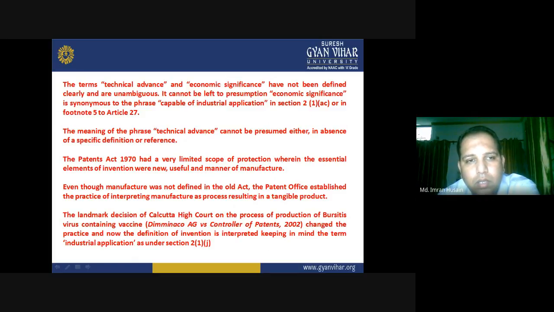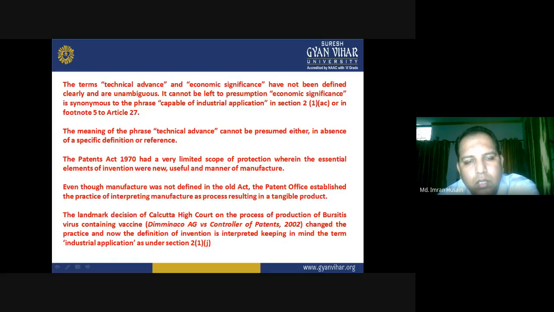Economic significance is synonymous to the phrase capable of industrial application in Section 2(1)(ac), or in footnote 5 to Article 27. The meaning of the phrase technical advance cannot be presumed either, in the absence of a specific definition or reference.